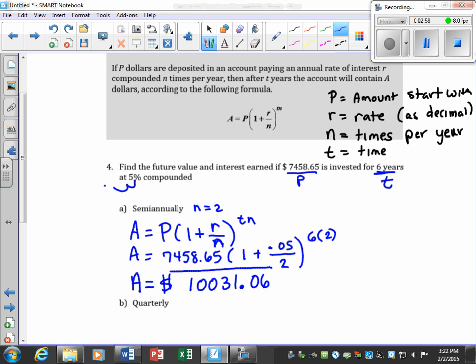So I want you to be able to test that in your calculator, because the hard part's not necessarily plugging in all of our missing information and solving for what's left, but most often people struggle with actually putting this in the calculator.